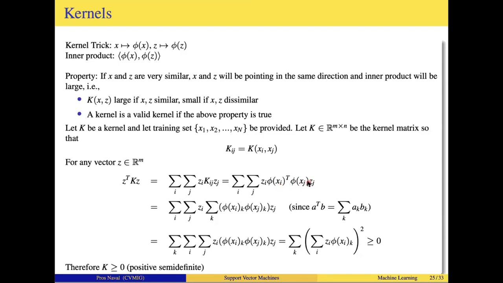And if you include the kernel here and you simplify, what you will notice is that this becomes the following: is greater than or equal to 0. So basically, what does it say? If this quantity is greater than or equal to 0, what we have is a positive semi-definite matrix K here. So that is the definition of a positive semi-definite, right? If you recall your linear algebra.